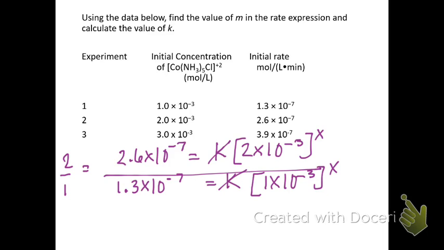So then when I divide 2.6 by 1.3, I get 2 is equal to 2 to the negative 3 divided by 1 to the negative 3, and I get 2 to the x. So that means that x has to be equal to 1, because 2 to the x to equal 2 needs to be raised to just the first power.